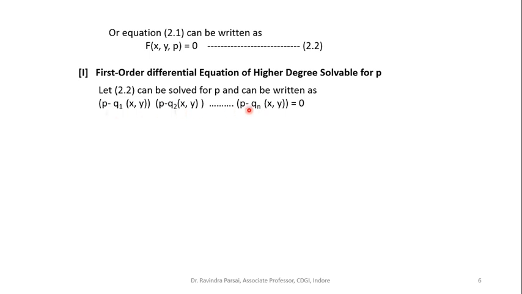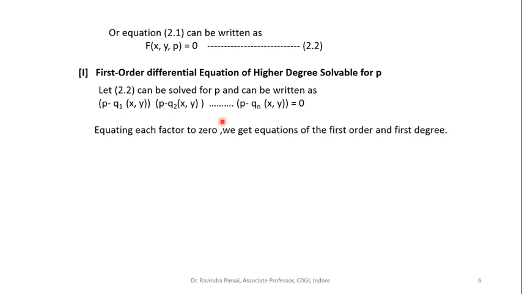Why is it so? It breaks into n factors because you are given an nth degree problem. I take the general case of nth degree, and whenever you have an nth degree polynomial, you have n roots. Accordingly we assume here that these are the n factors of equation number 2.2.